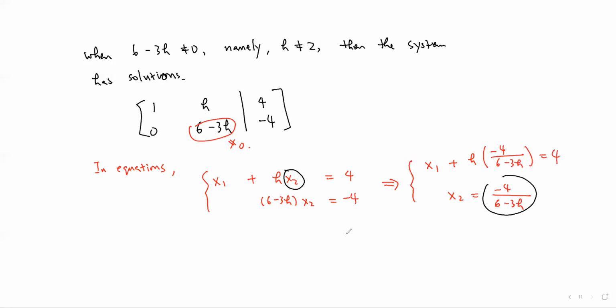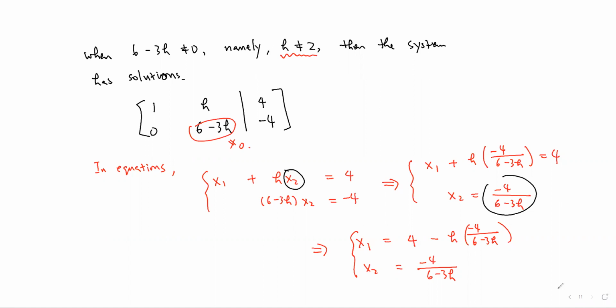Now, the solution is x1 is 4 minus h times -4 over 6 minus 3h. So when h is not equal to 2, the linear system has exactly one solution.